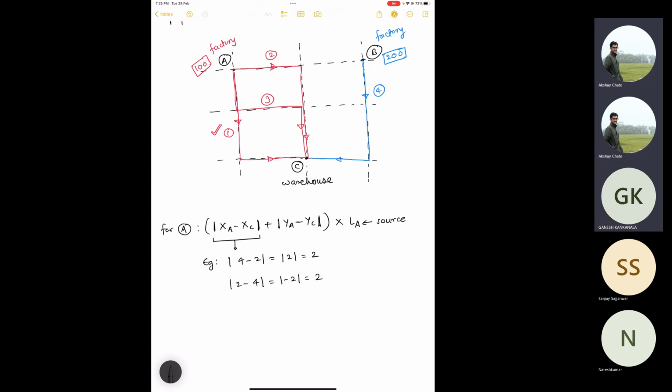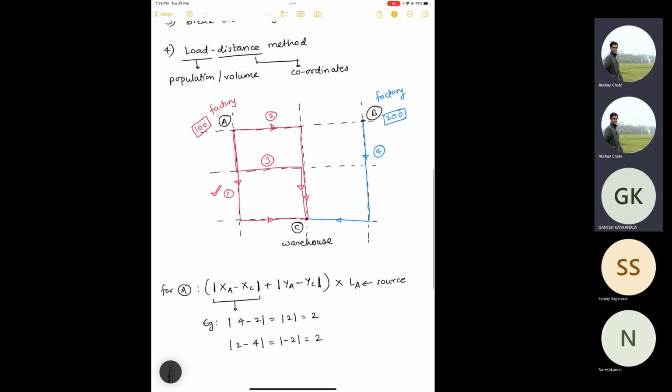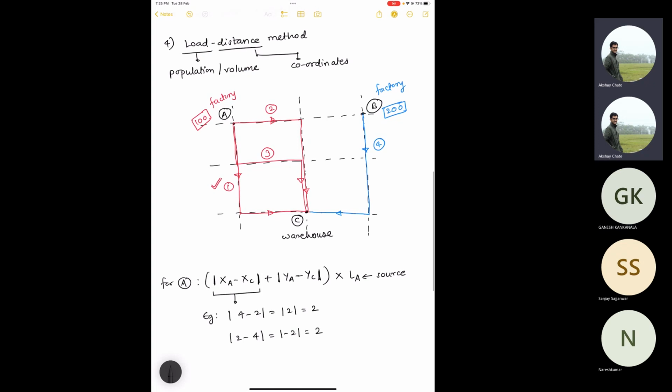Is it clear, Ganesh? Sir, yeah, I just want to ask, so you are saying that going with the 100 units by a factory is a better one rather than 200, by considering the cost of transportation. Yes. Okay, sir.